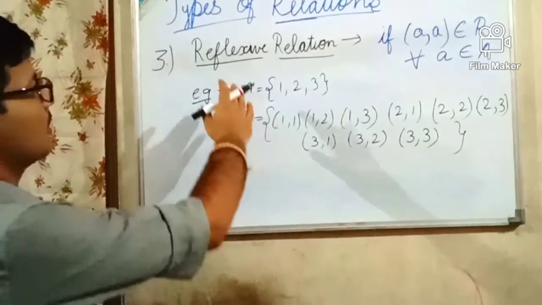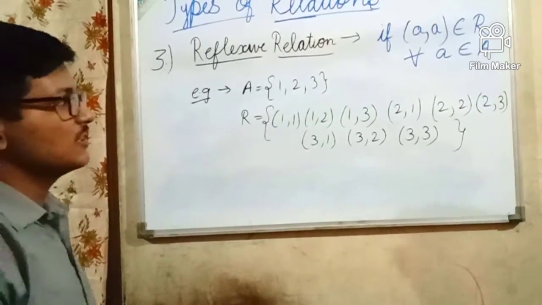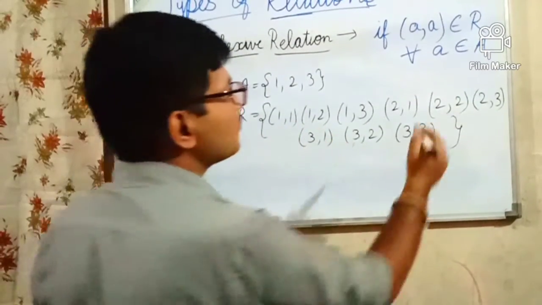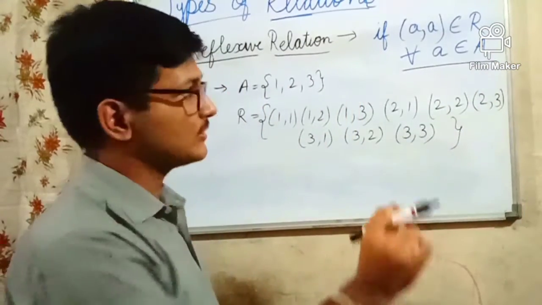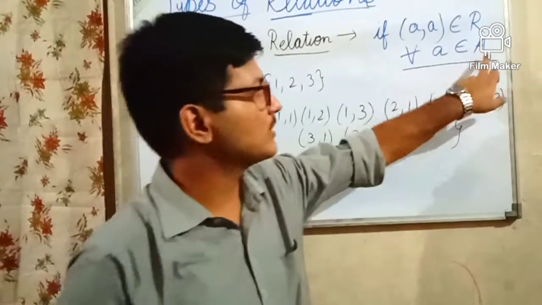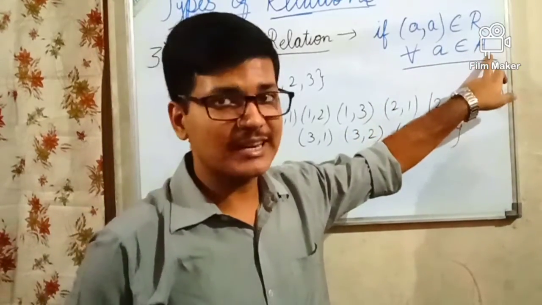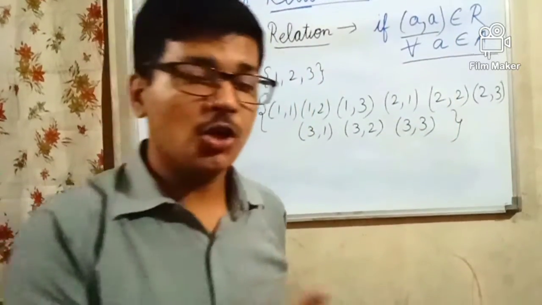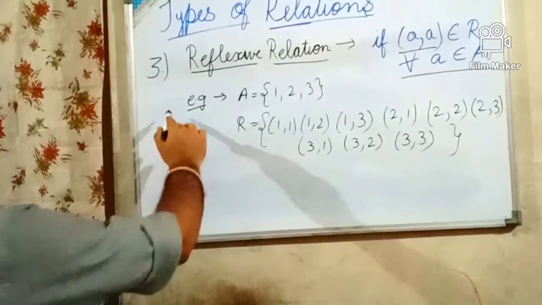Third one relation which we have is the reflexive relation. A relation on set A is said to be reflexive if for all small a representing a general element of set A, for every a belonging to the set A, the ordered pair (a, a) belongs to R. Let me explain it by an example.